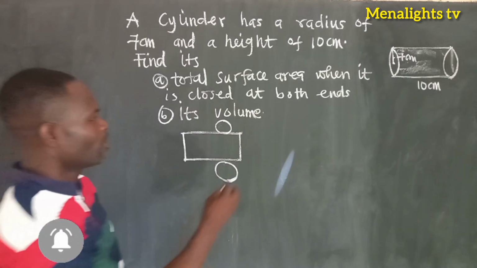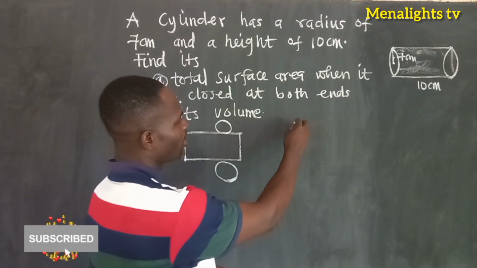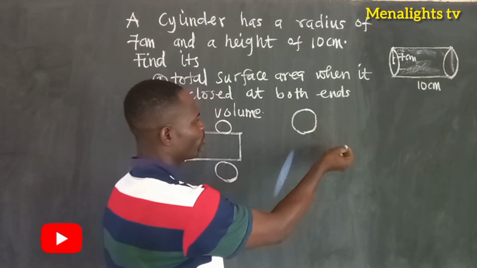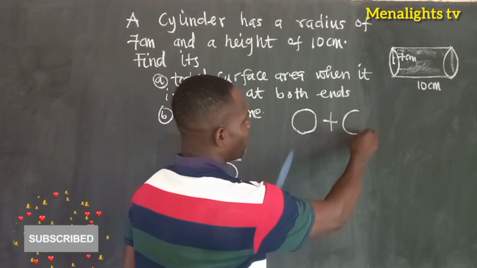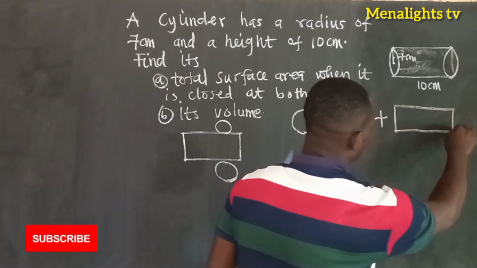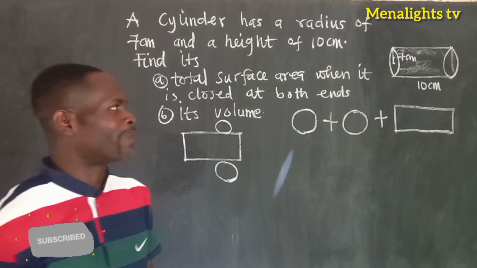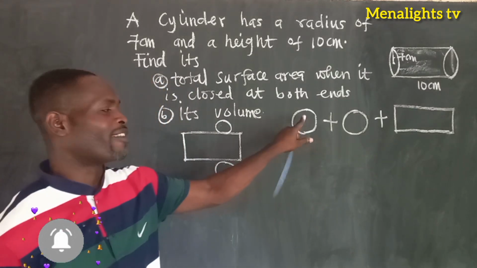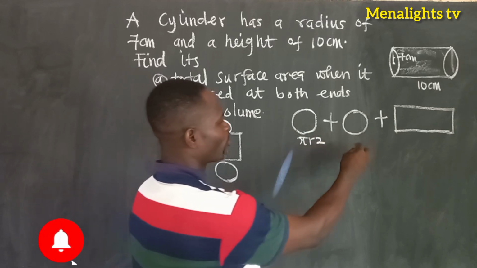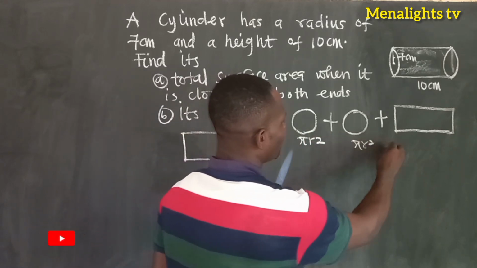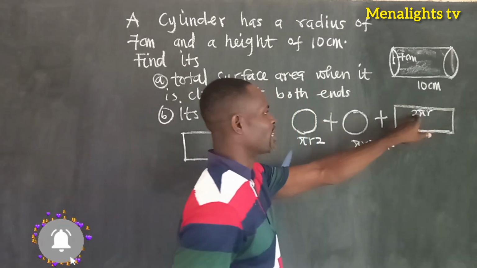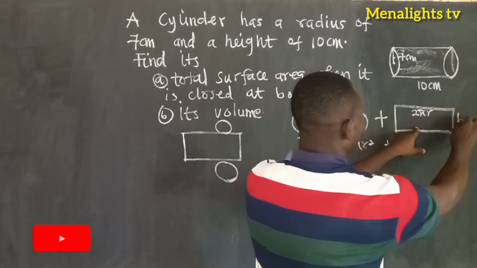To find the total surface area, we need to add the area of the first circle plus the area of the second circle plus the area of the rectangular part. The area of a circle is pi radius squared, and this is also pi radius squared, plus 2 pi radius, because this is the circumference, times the height.